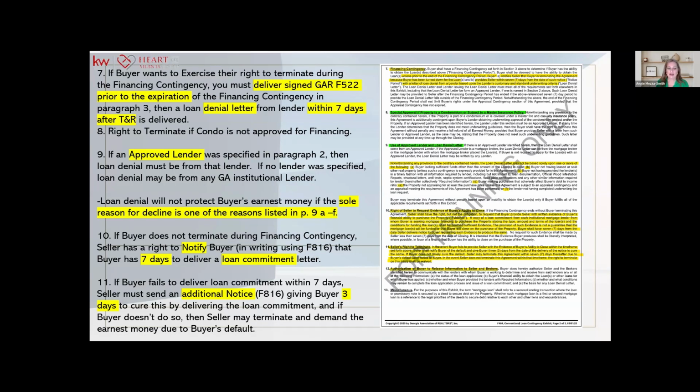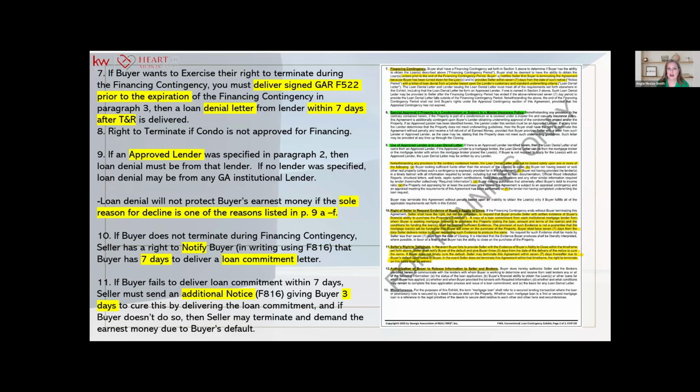The form we use for that, and it's down here in the notes under paragraph 10 and 11, because I put the numbers of the paragraphs of the notes the same as the numbers of the paragraphs in the contract, is the F-816 notice form, which you would prepare for them.